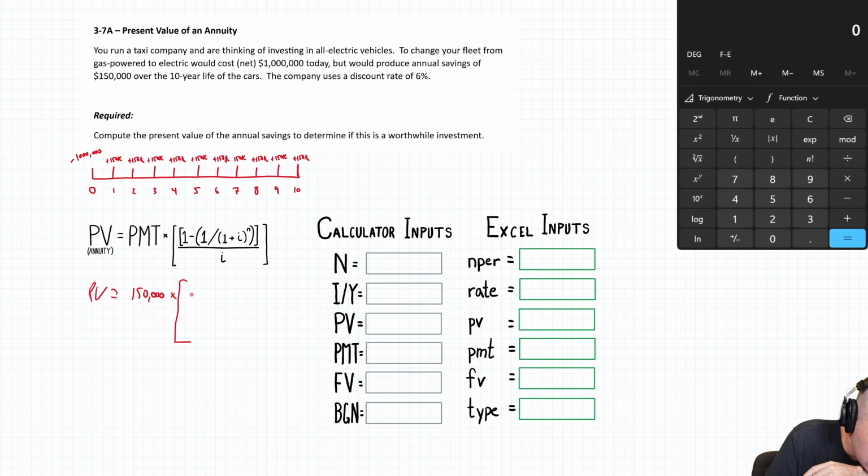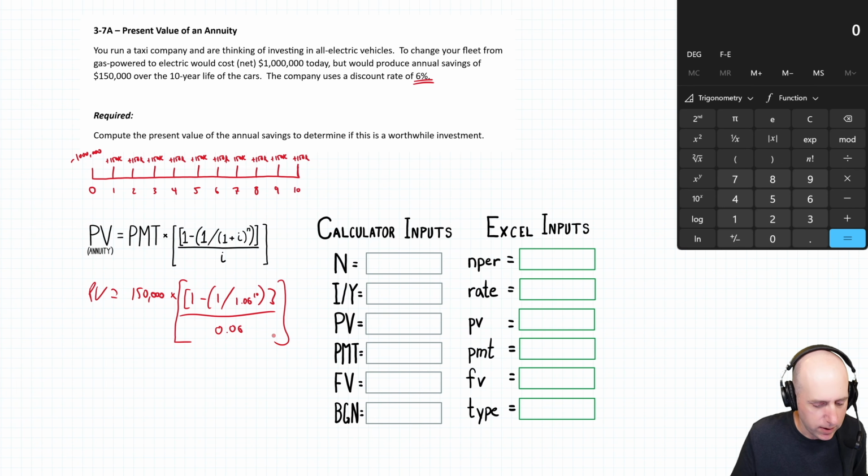Times 1 minus 1 over 1 plus i, which is our discount rate, our rate of interest in a lot of these questions, 1.06 to the power of n, which is the number of years, 10, 1.06 to the 10, all divided by 0.06, our discount rate. Okay, so that's what we have to solve for.